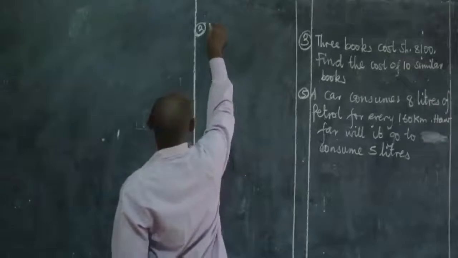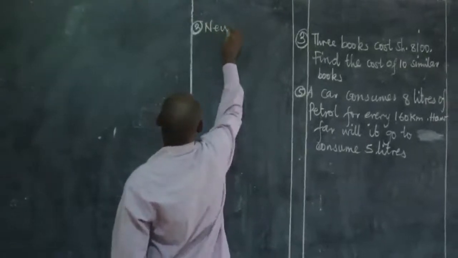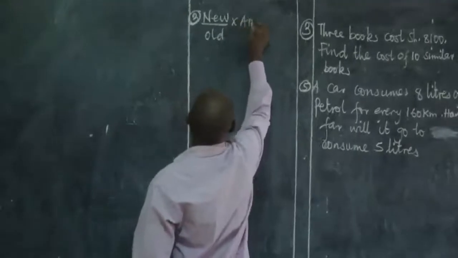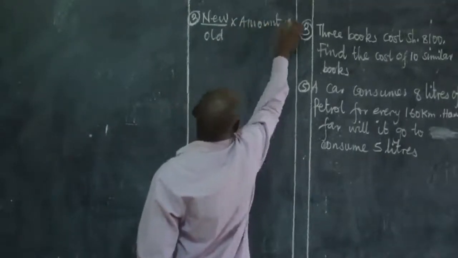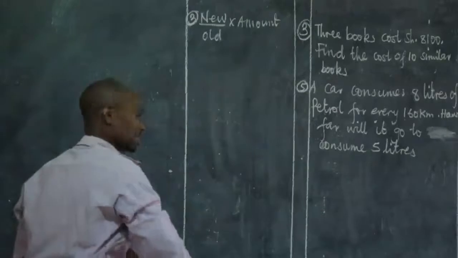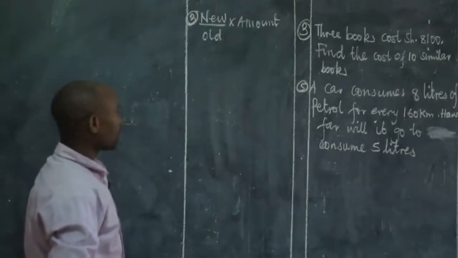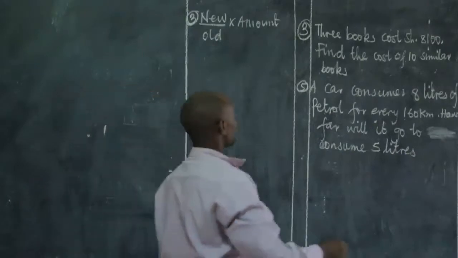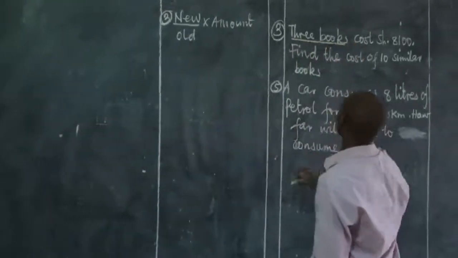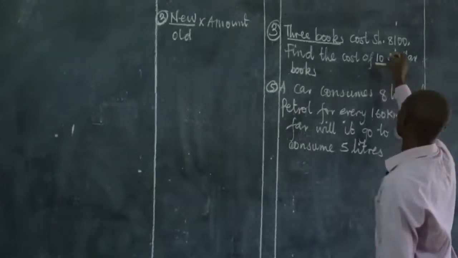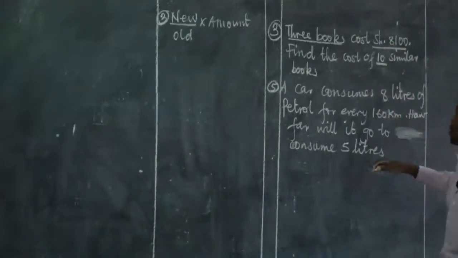So I'm going to use new out of old, then times amount. In this case, you need to discover what has been given twice. We have 3 books, and we are looking for the cost of 10 similar books. So money has been given twice.